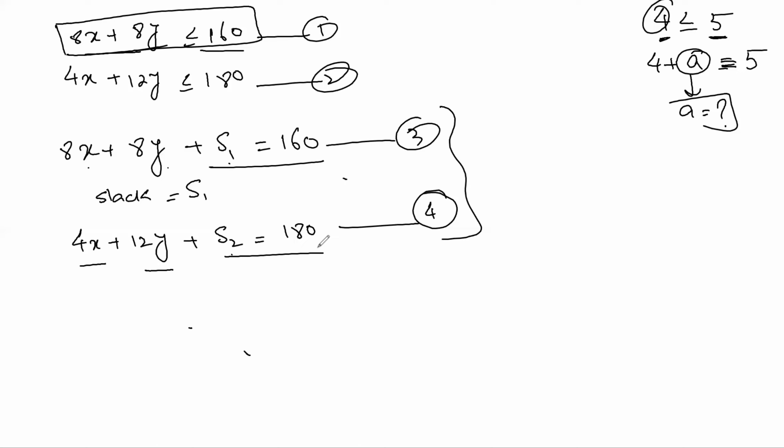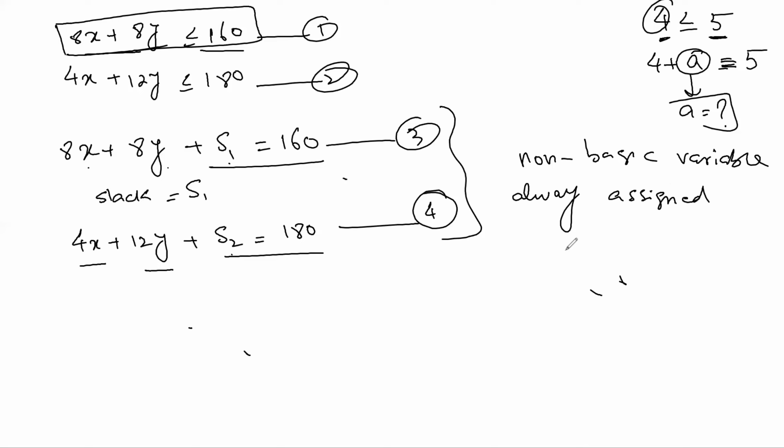So how to identify which one would be our basic variable and which one would be our non-basic variable? I will explain it, and we always assign the non-basic variable a value 0. Don't forget it. Non-basic variable always assigned a value 0, non-basic variable, right?